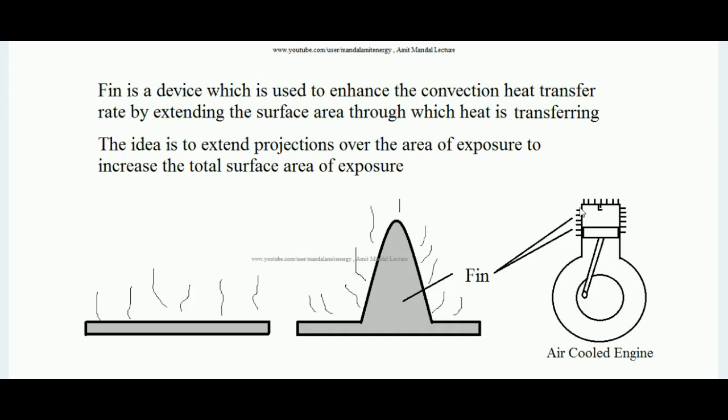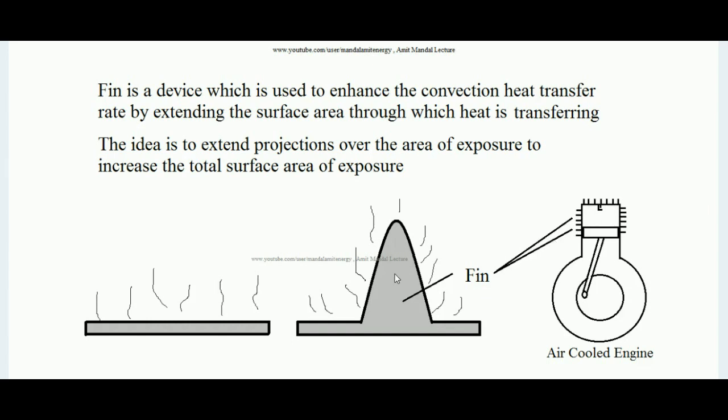To control the temperature of the cylinder head, some heat has to be dispensed to the surrounding. To make the heat dispense quickly, the fins are implanted over the engine head. This improves the heat transfer rate from the engine head to the surrounding, and in this way the engine's temperature remains under control.